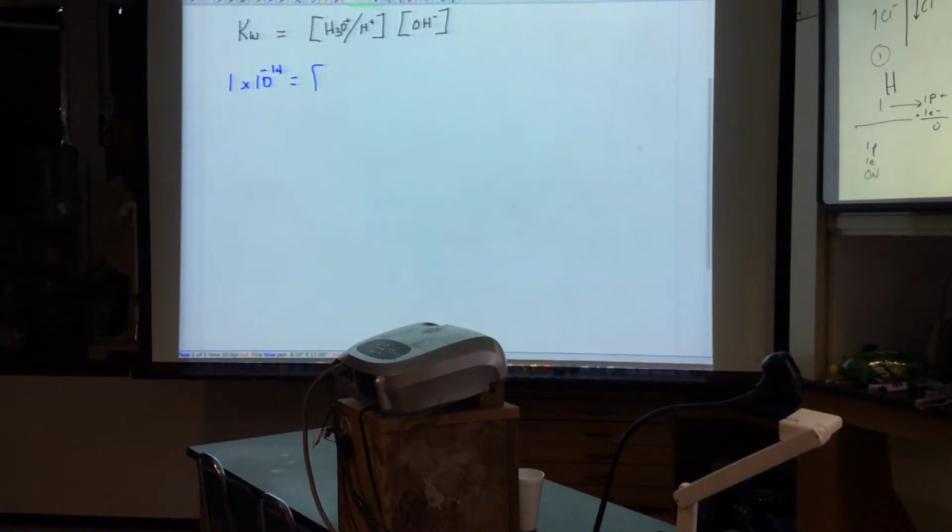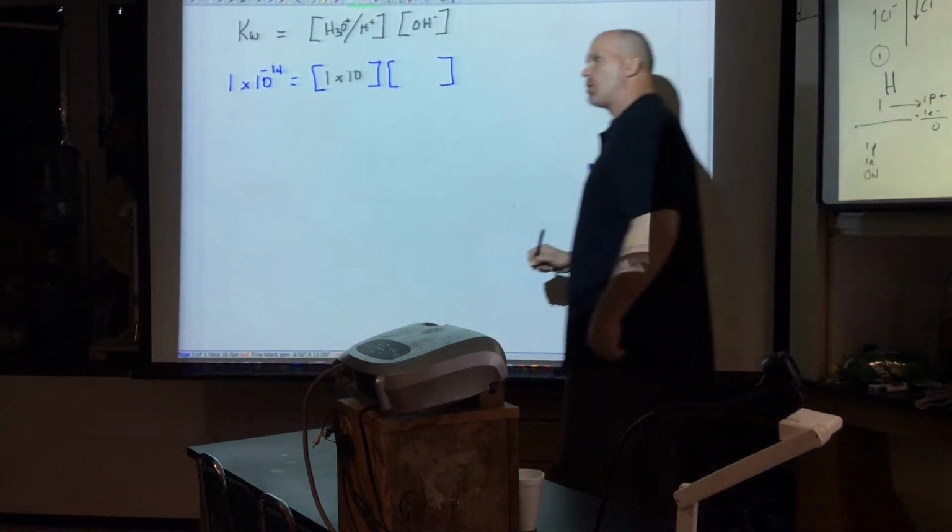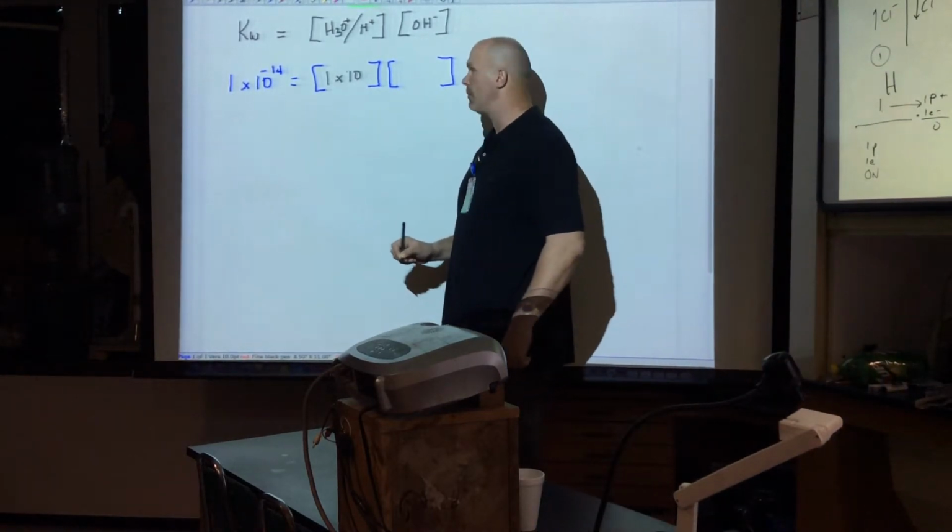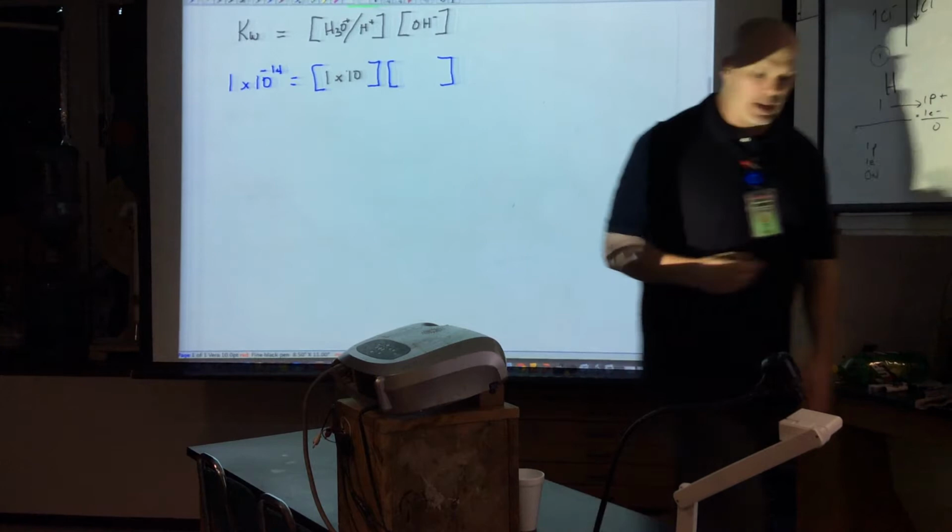So what number that's equal to each other times itself equals 1 times 10 to the negative 14? Anyone? 1 times 10 to the... When you multiply numbers that have exponents, what are you doing with the exponents? You add them. So this would be 1 times 10 to the negative 7.